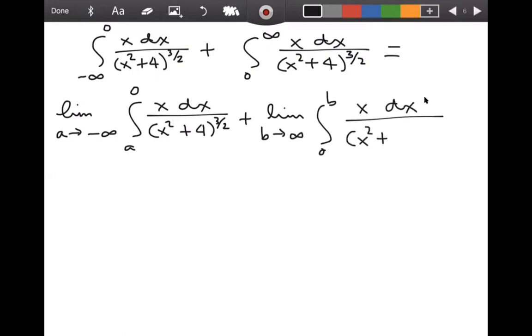Okay, and now maybe you'll see why I wanted to get that antiderivative separately, because now I'm going to put it in here. I would have felt awkward dealing with both of those at the same time. So this is going to be limit as a approaches negative infinity, negative 1 over the square root of x squared plus 4. Remember, that was our antiderivative.